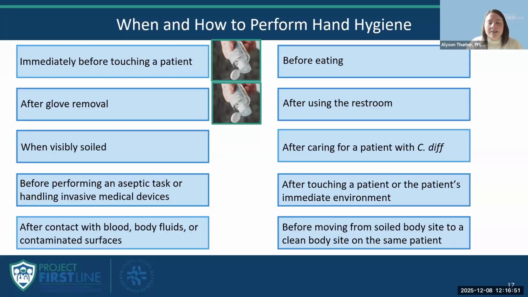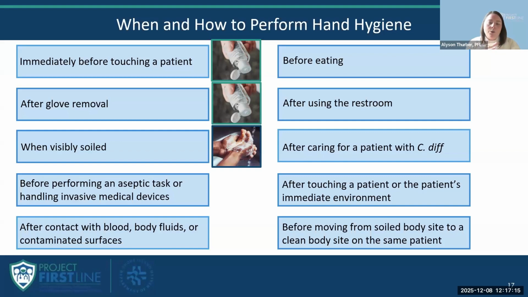When your hands are visibly soiled, alcohol-based hand sanitizer or soap and water? Soap and water. Here we go. Okay, you're all right. Soap and water. When your hands are visibly soiled, CDC recommends you wash your hands with soap and water. Before you ever disinfect, which is essentially what alcohol-based hand sanitizer is doing, you need to clean your hands.